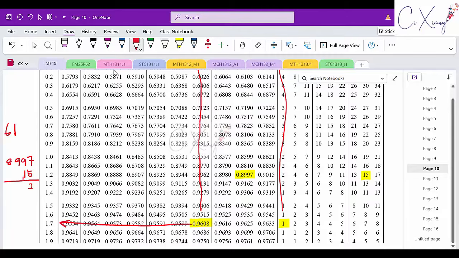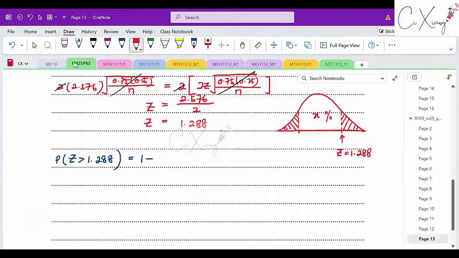Okay, so trying to simplify it, do you get 0.90? Oh, sorry, this is a 1. 9012. Okay, yeah. So here you go back. For Z smaller than 1.288, you are getting 0.9012. So you take 1 minus 0.9012, so you get 0.0988.